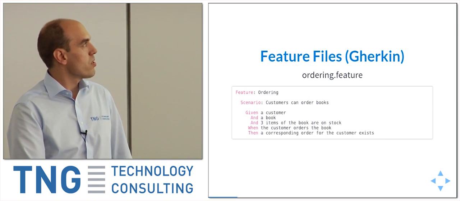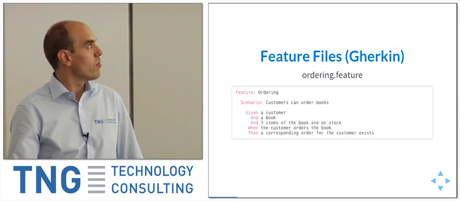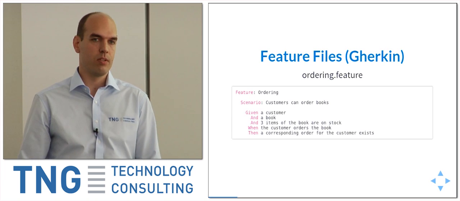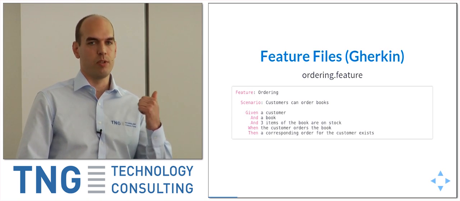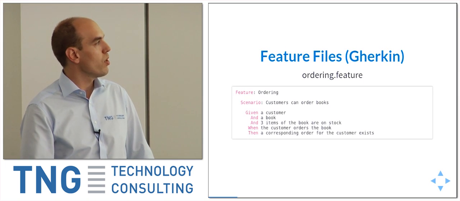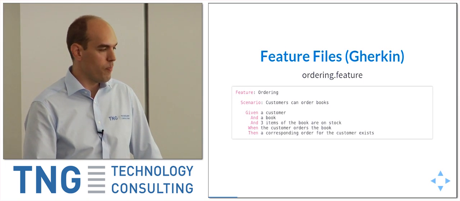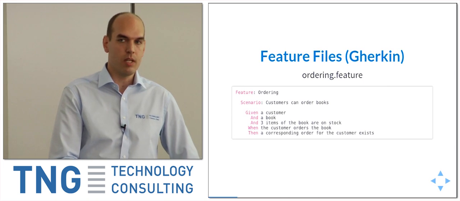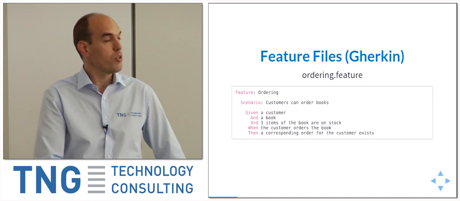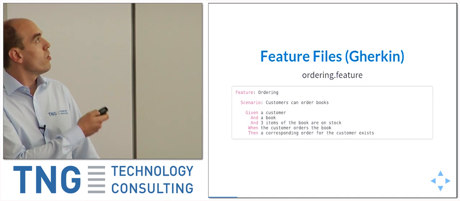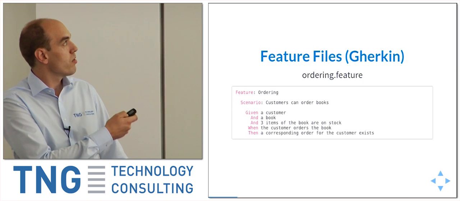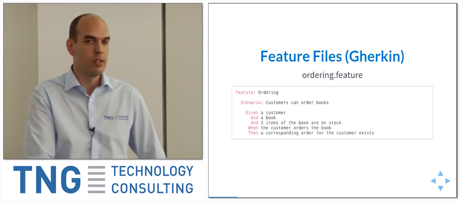But the problem is, we said that these specifications must be executable. So there must be some mechanism to execute these text files, because the text files on their own, they won't execute. So in Cucumber, you write step implementations in Java, for example, or another language. And they look like that. You define methods which correspond to your steps.